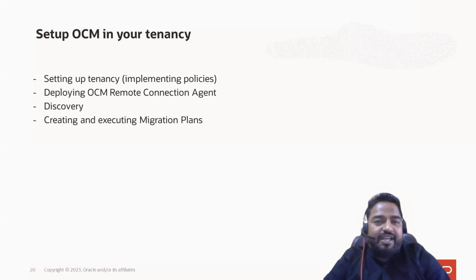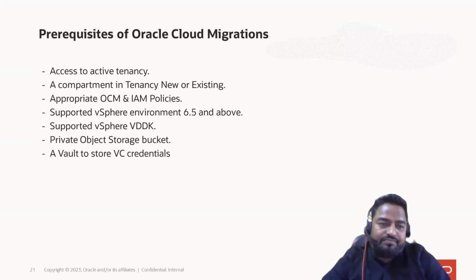Then we will be creating and executing the migration plans as per the strategy the customer wants. They might want to migrate the virtual machines in different phases, so we will cover that part as well.